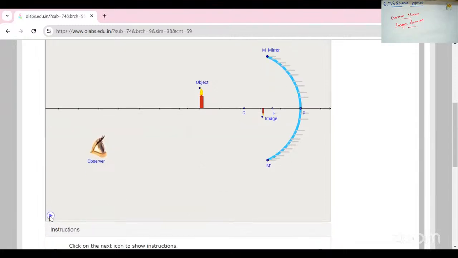First, just see this: this is the object, the candle. See how the object is moved to all positions. The position differs, reverse and upright, and the size also differs in each and every part.